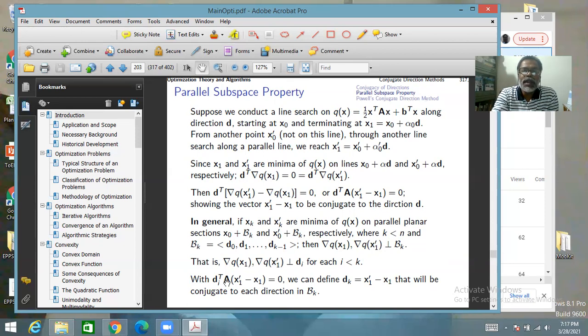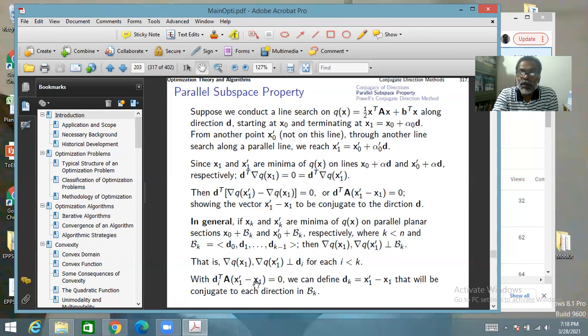So you say di transpose this is 0 and di transpose this is 0 for each i, constructing that k subspace. And if you subtract them, then you get this for each i.